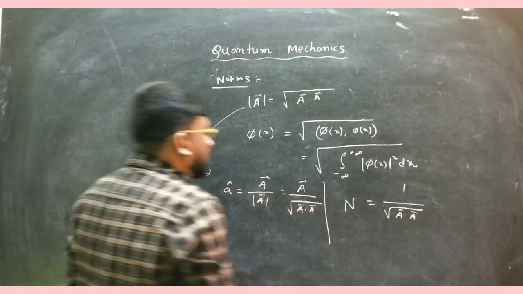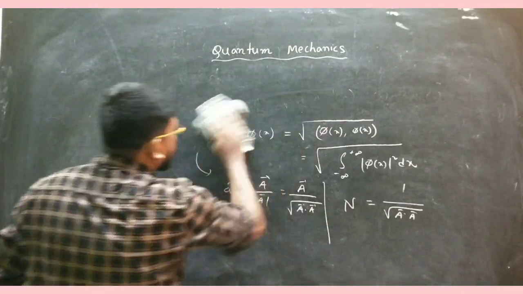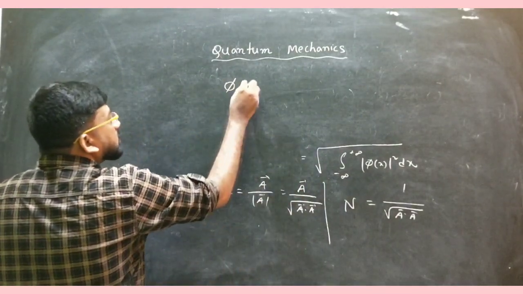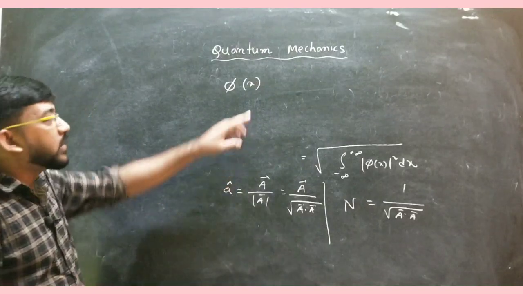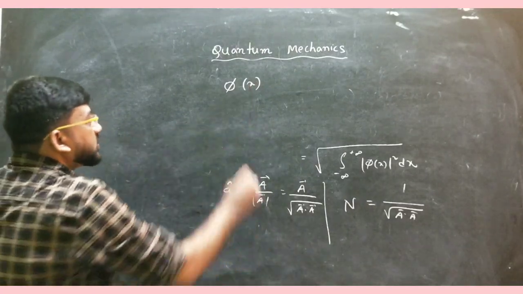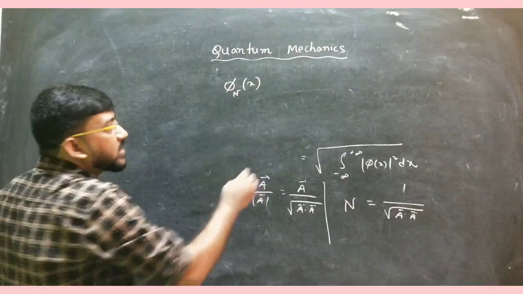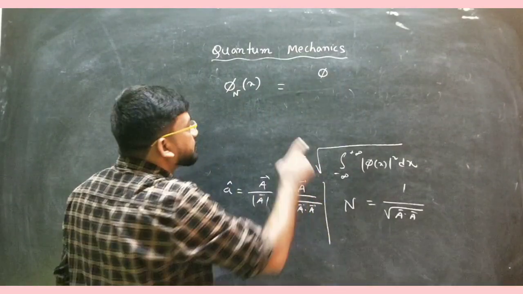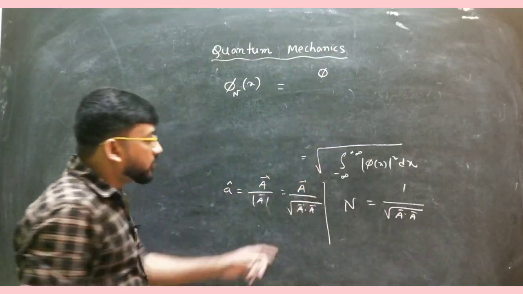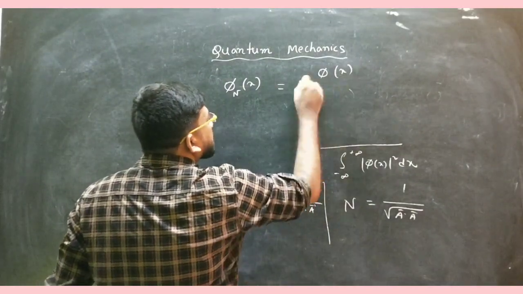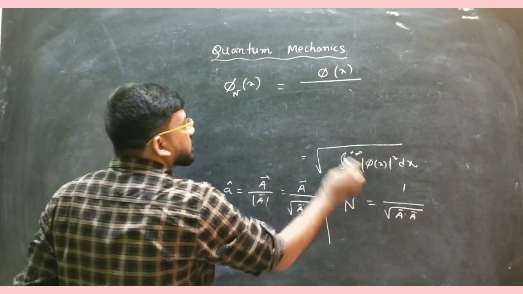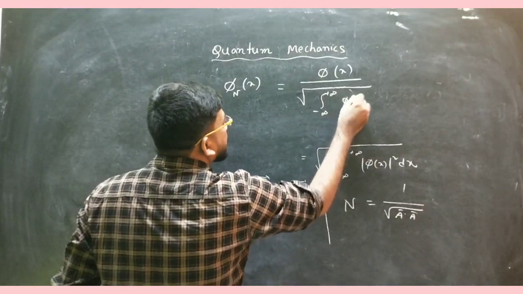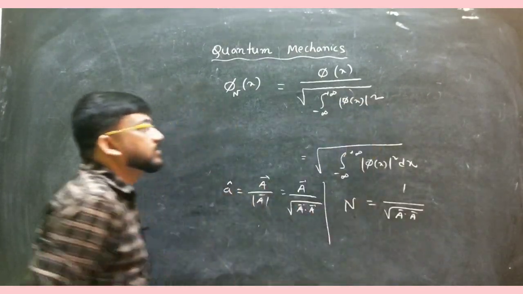Now in general, if you have a function phi of x and you want to normalize it, then the normalized function phi n of x will be nothing but phi of x divided by the scalar product, that means here the integral from minus infinity to plus infinity of phi of x mod square.